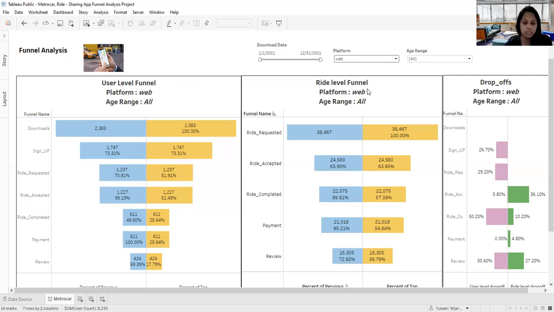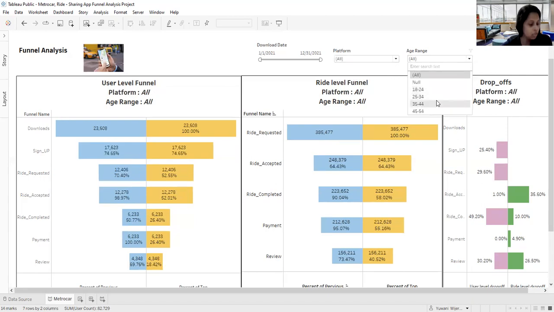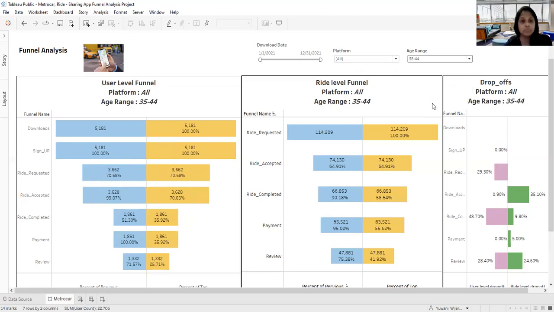The third business question is about what age group performs best at each stage of the funnel. When we analyzed the age groups, we identified that the 35 to 44 age group has shown the greatest interest in downloading the app.